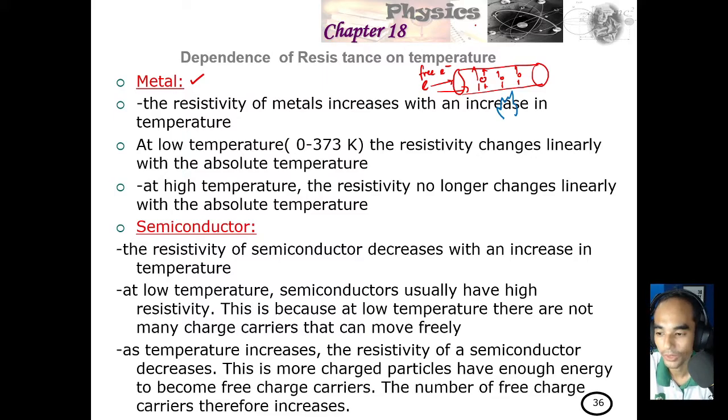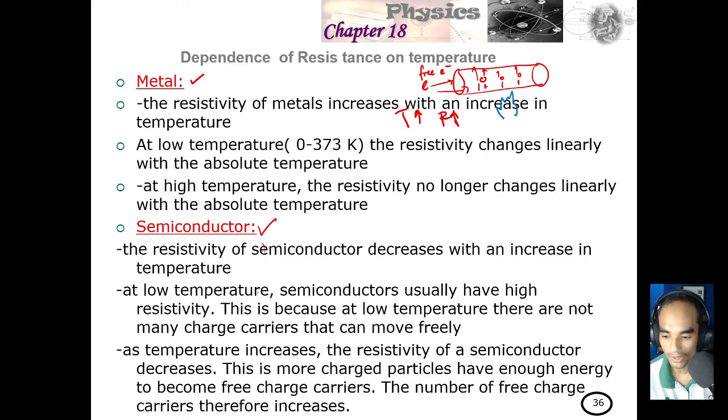Okay, so for a metal, as T increases, R also increases. For a semiconductor, number 2, the resistivity decreases with an increase in temperature.